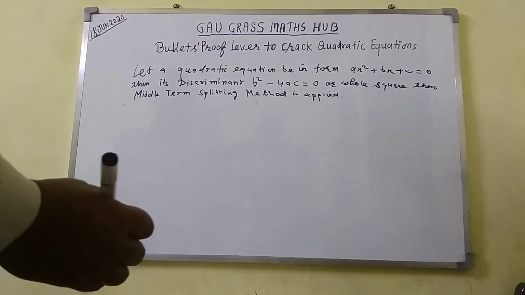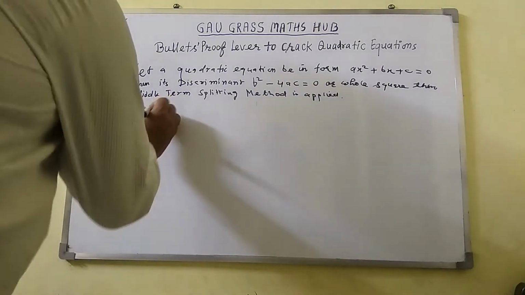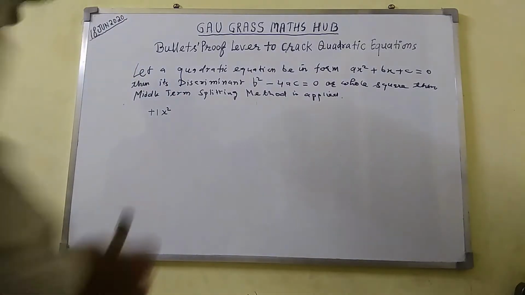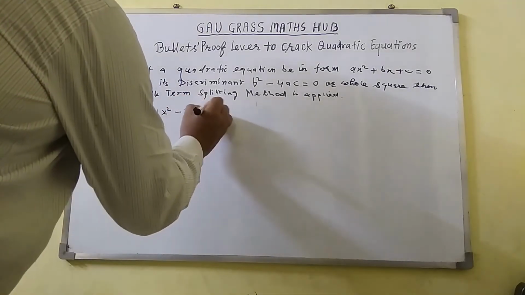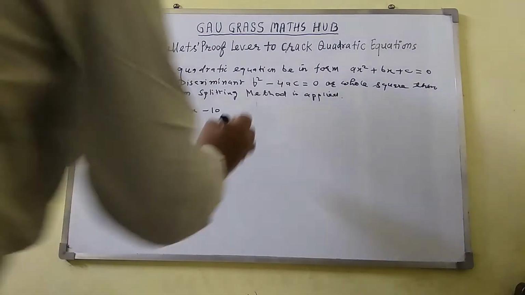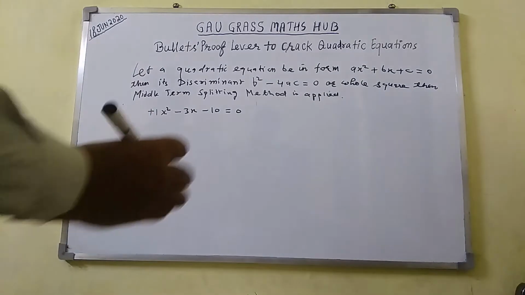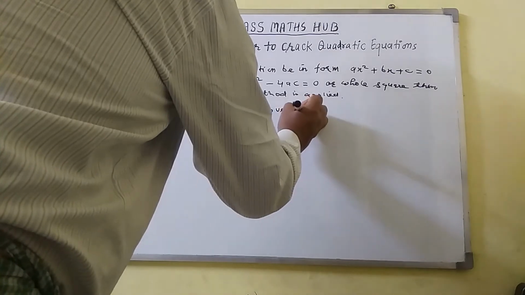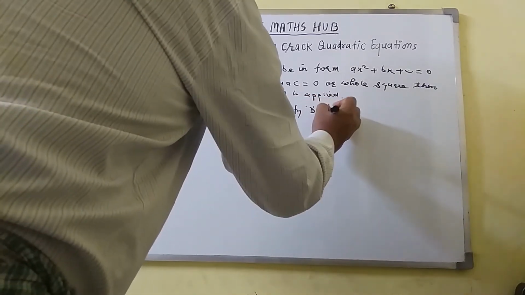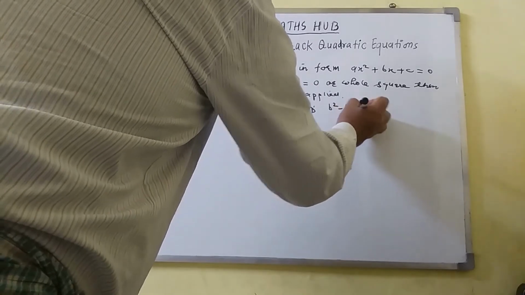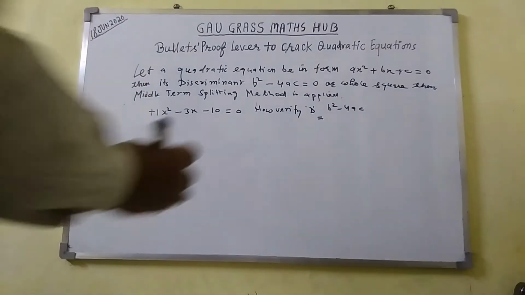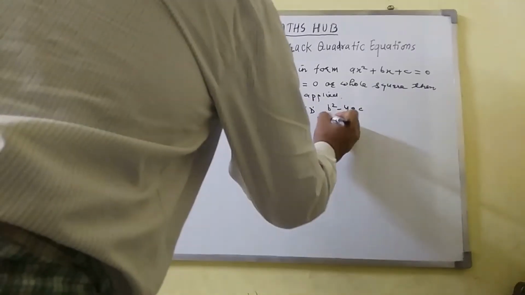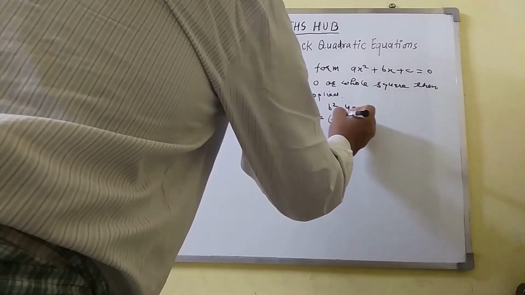Here I shall take an example: 1x square minus 3x minus 10 equal to 0. Now verify b square minus 4ac. The value of b is the coefficient of x, that is minus 3, so b square is 9.